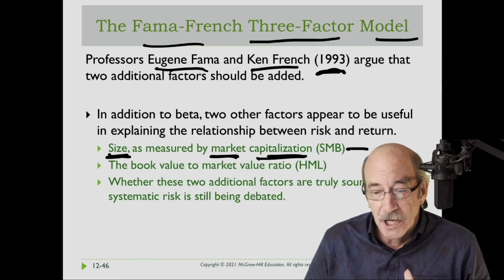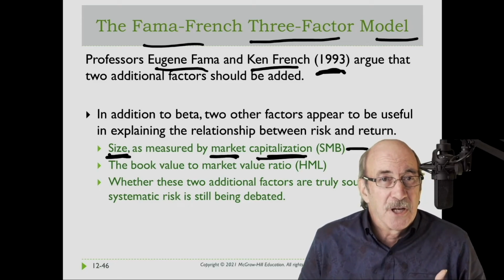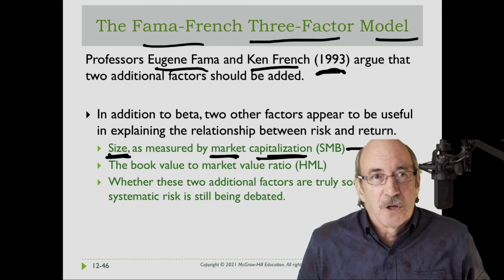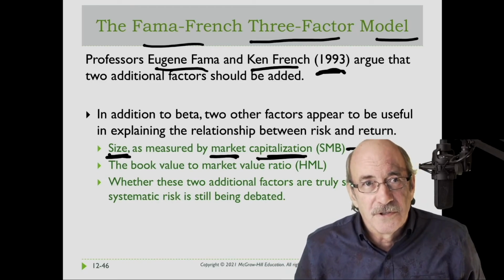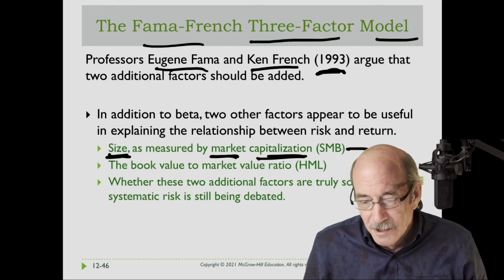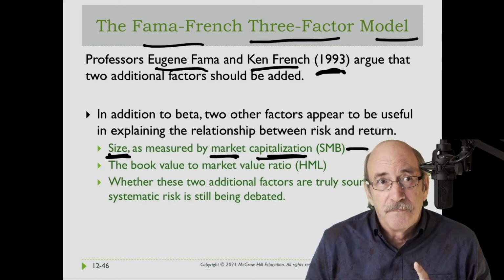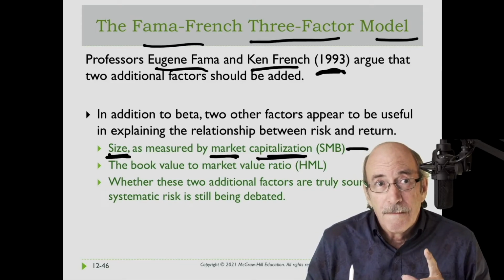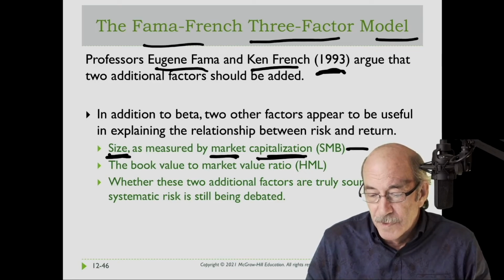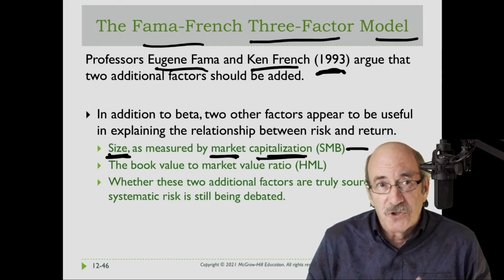Now, because Fama's out of the Chicago school, they called it book to market. But because the rest of the world calls it market to book, one's just the inverse of the other. You've just got to reverse your thinking on it. But nevertheless, that book to market ratio had features too.